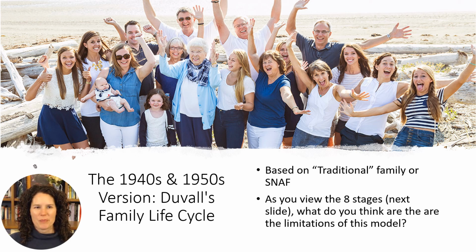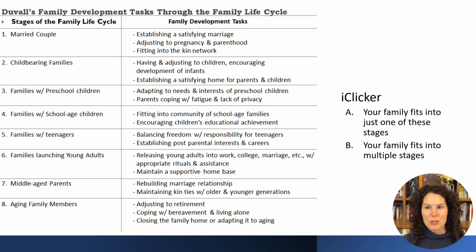Okay, so this is that very early version of the theory, Duvall's family life cycle from the 1940s or 50s, these 8 stages, and it does a nice job giving us a sense of what tasks associated with family stages are, and what family stages might look like. But if you think about your own family and whether or not you manage to fit in these, what we begin to realize is that this doesn't do a great job of encompassing the diversity of families that we have right now.